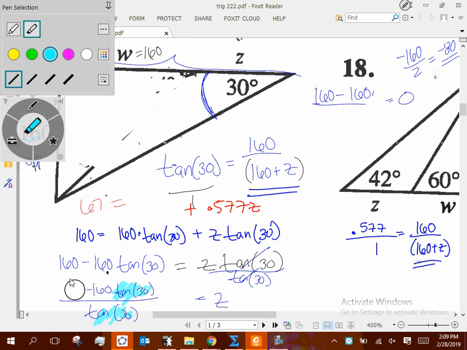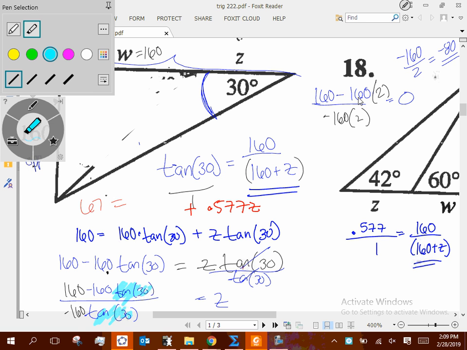So if it was just this, 160 stays. No, because it would be something like this. It'd be negative 160. What I have here, 2 and 2.